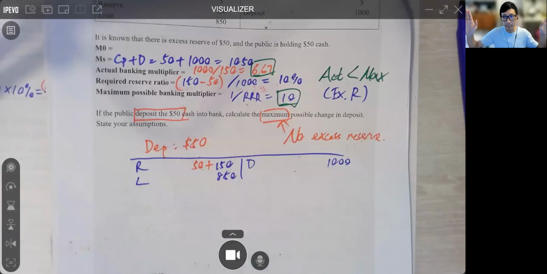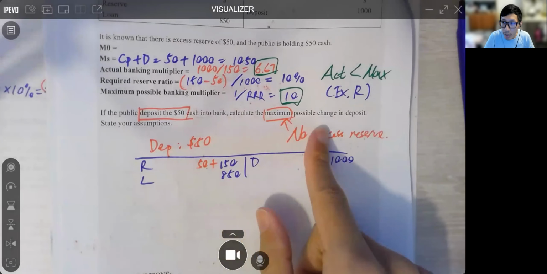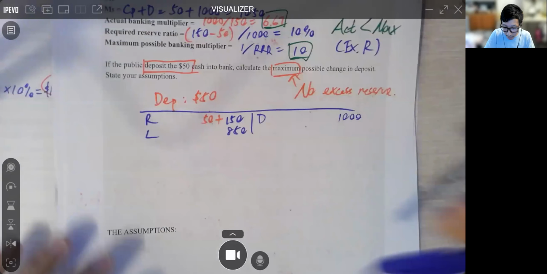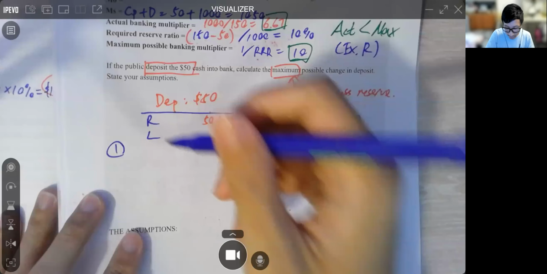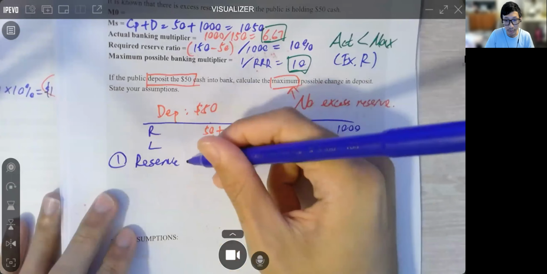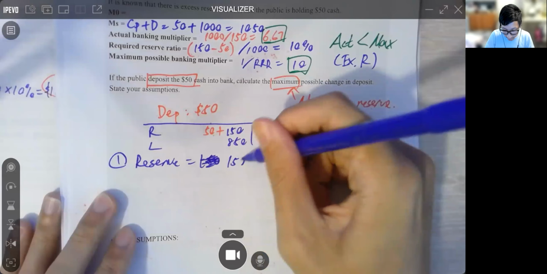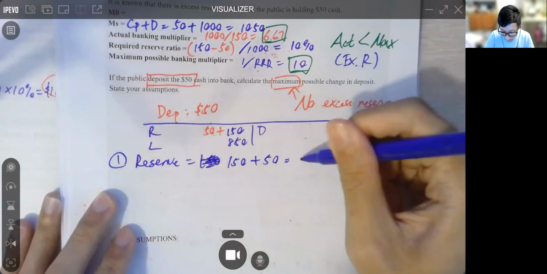Now, for this step, boys, there is no need to worry about whether there was excess reserve or not. 係唔需要擔心㗎。原來前面嗰啲係全部 irrelevant 㗎。Since we only need to calculate the final change, we still follow the same 3 steps. Step number 1, let's get the new reserve, which would be 150 plus 50, 200.